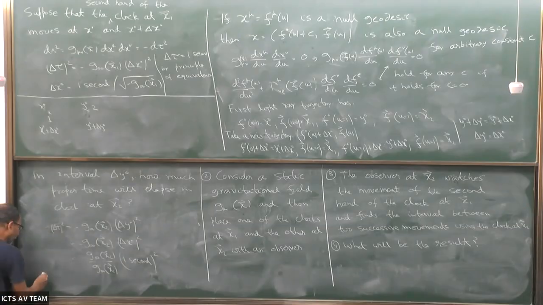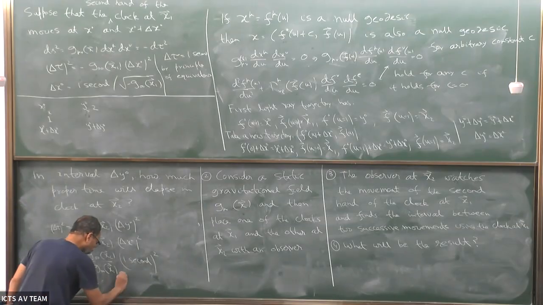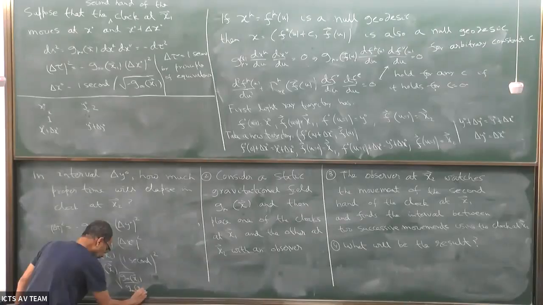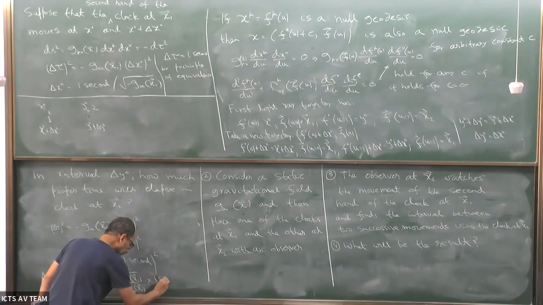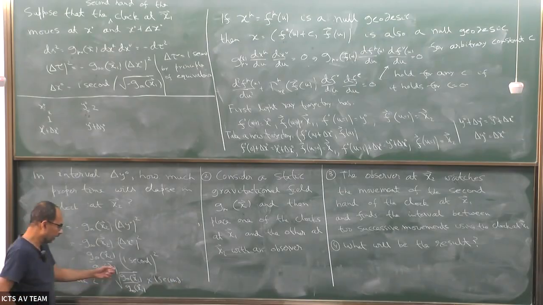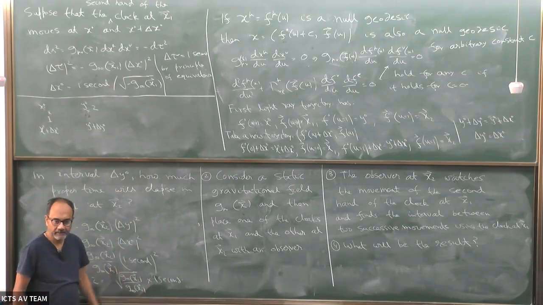So delta tau in clock 2 will be the square root of g00 at x2 over g00 at x1 times 1 second, because the clock at position 2 is not going to see 1 second in the interval.